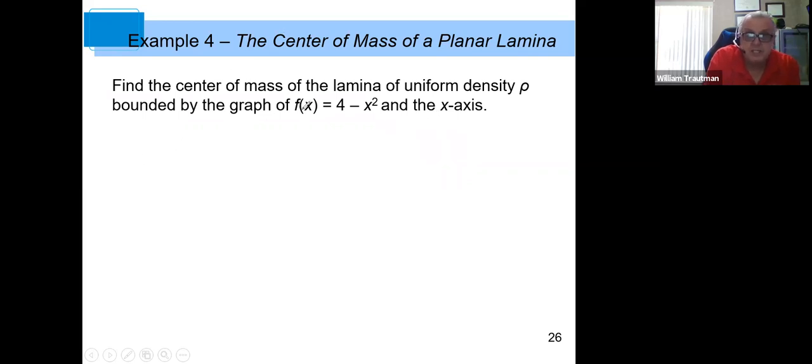All right, so that's kind of the key, just knowing that you're going to integrate. It says the x-axis, so you're integrating from -2 to 2. We want to find the center of mass for this area here. And this is kind of important to understand.